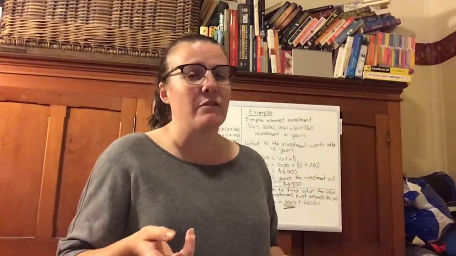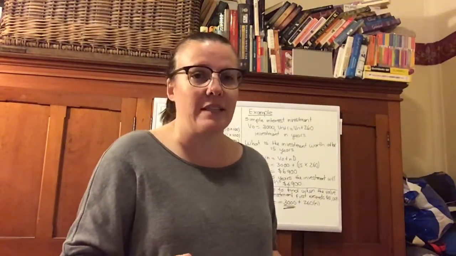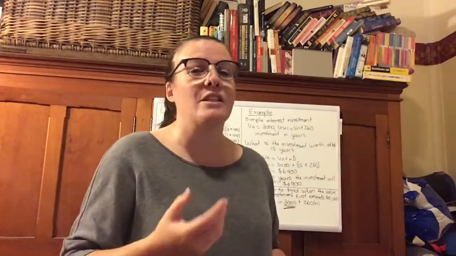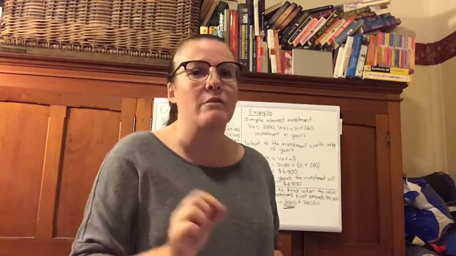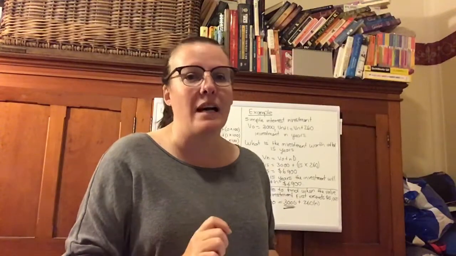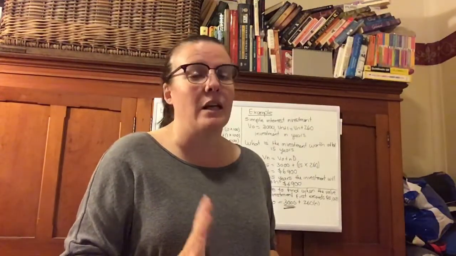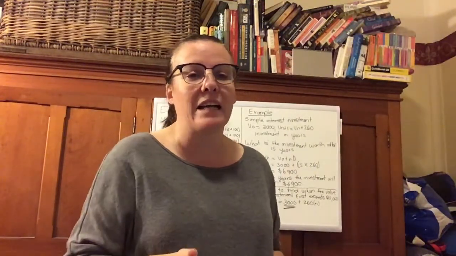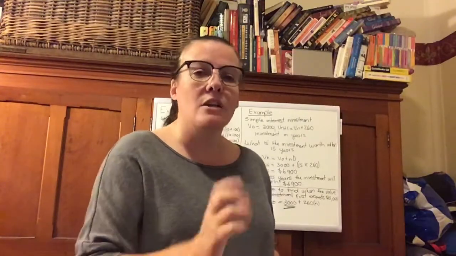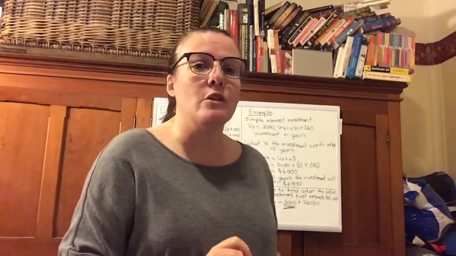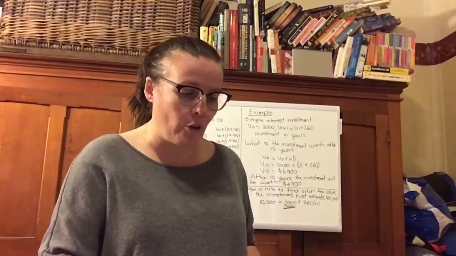But if you have to find what the investment is worth after 20 years or 25 years, you don't want to have to write out 25 sums to find the answer. And nobody has time for that in a SAC or an exam. So in those sorts of cases, we would use the nth rule. And that's what I'm going to go through with you today.